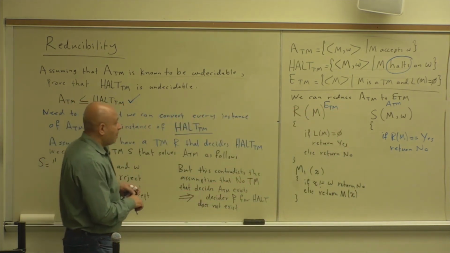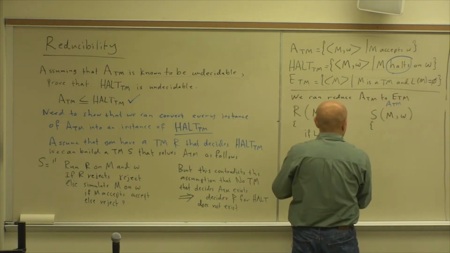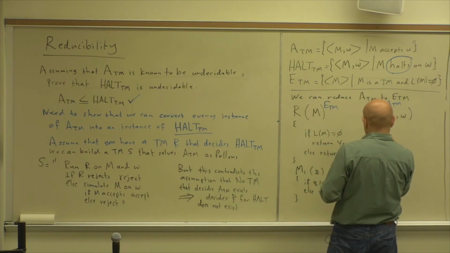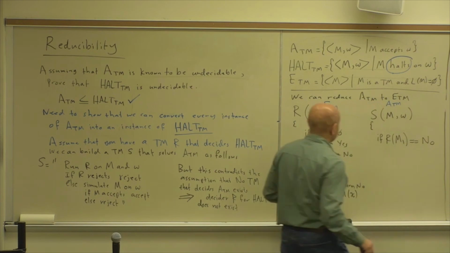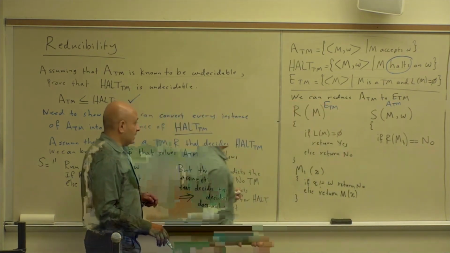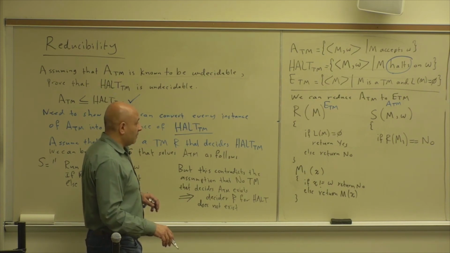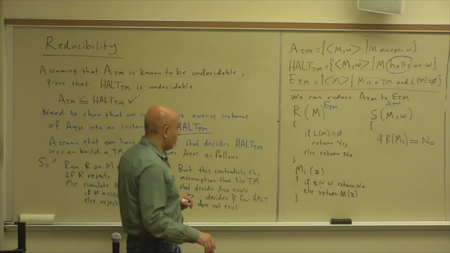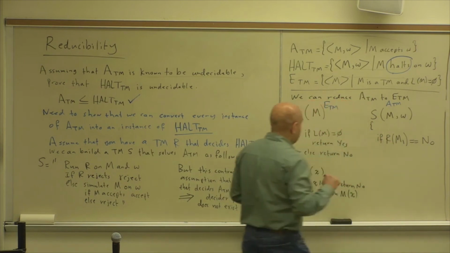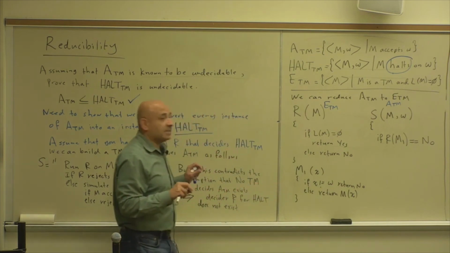Now if I call R, well, first if R of M1 equals no, what does this tell me? X is not equal to W. Okay, now does this help me solve this? Now what if R of M1 says yes?